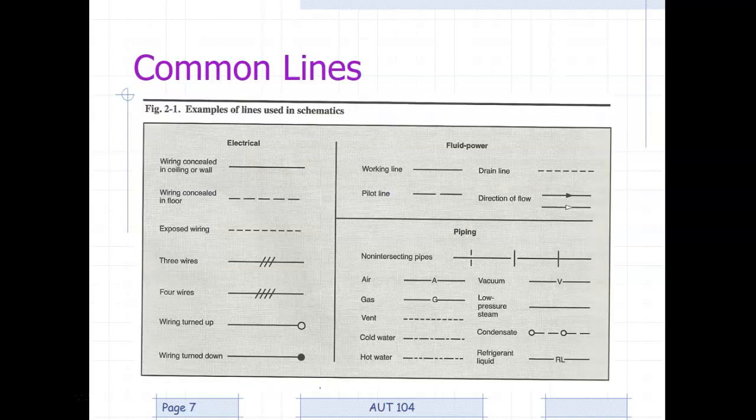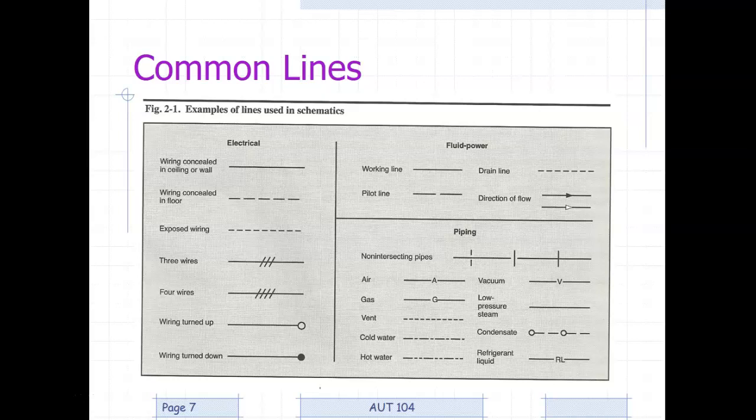So this is figure 2.1. So electrical, you have several different types. You have the wiring concealed in the wall, concealed in the floor, exposed, 3 wires, 4 wires, turned up, turned down. What it means by turned up is wires that, most of the time we try and run wire on the same plane.